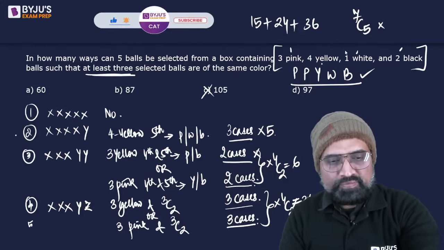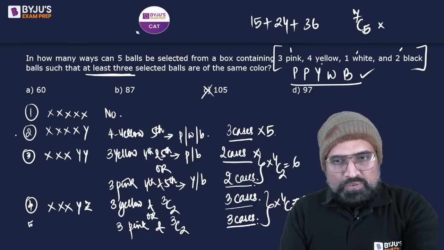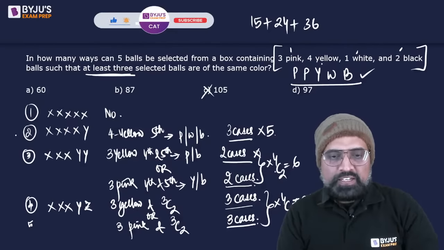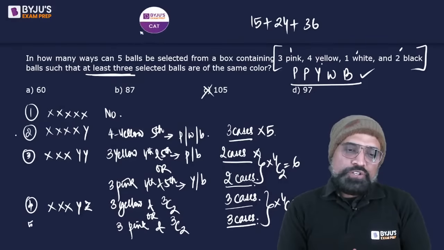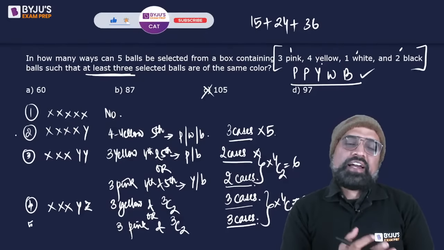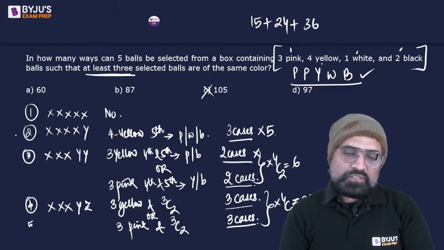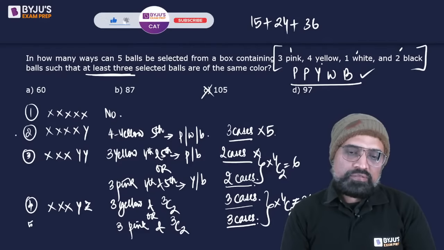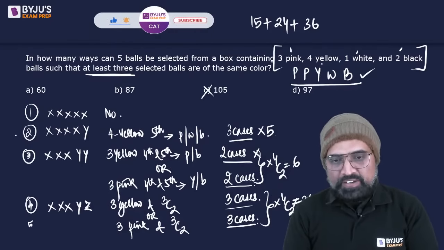Hold on. One second, guys. We have 3 yellow and then I need one more and the other one. If I take the arrangement, I will anyways double, which is going to be 72.